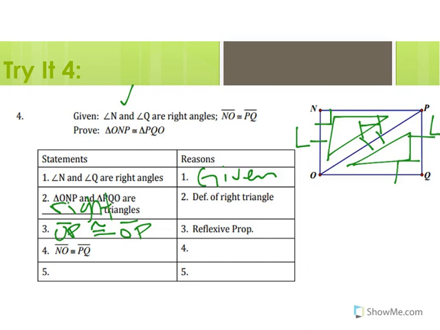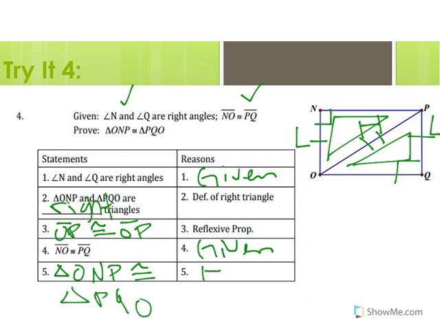And well, NO is congruent to PO. It's given to us, so we write another given. And step 5, triangle ONP is congruent to triangle PQO by HL theorem, hypotenuse and leg, because we're given that these are right angles.